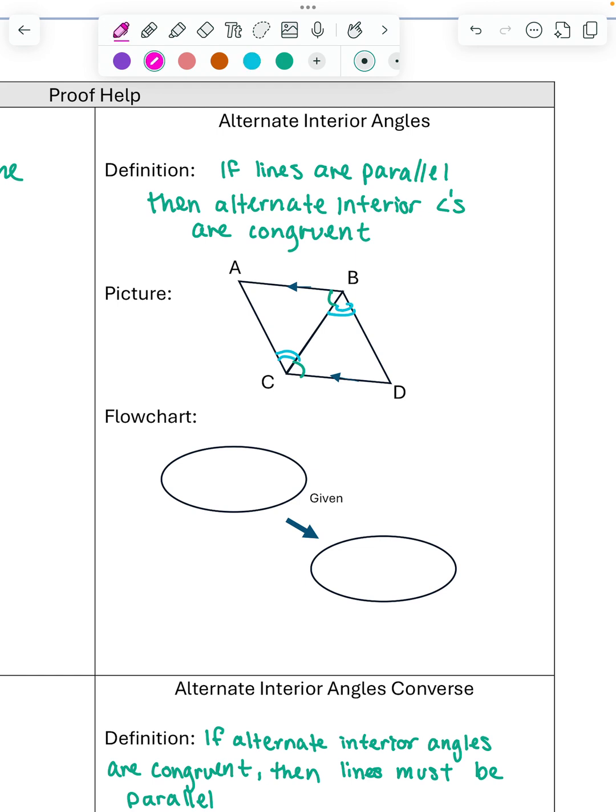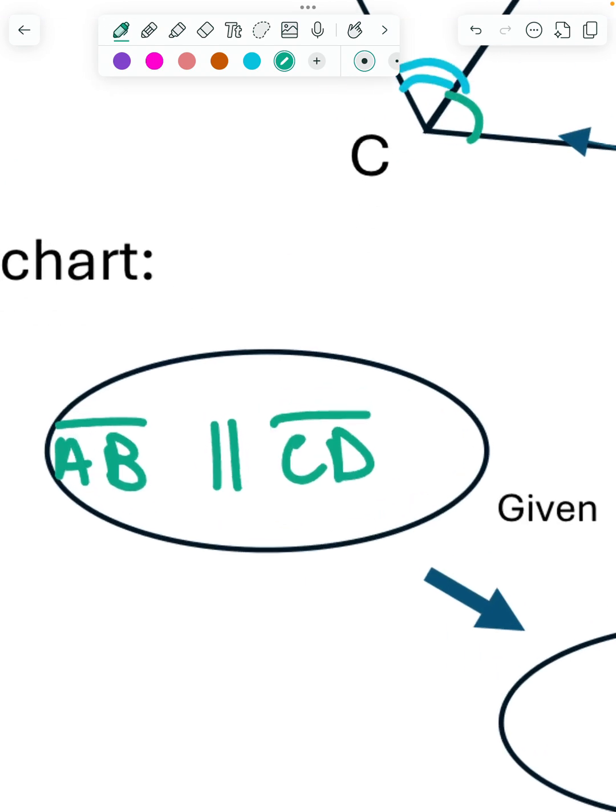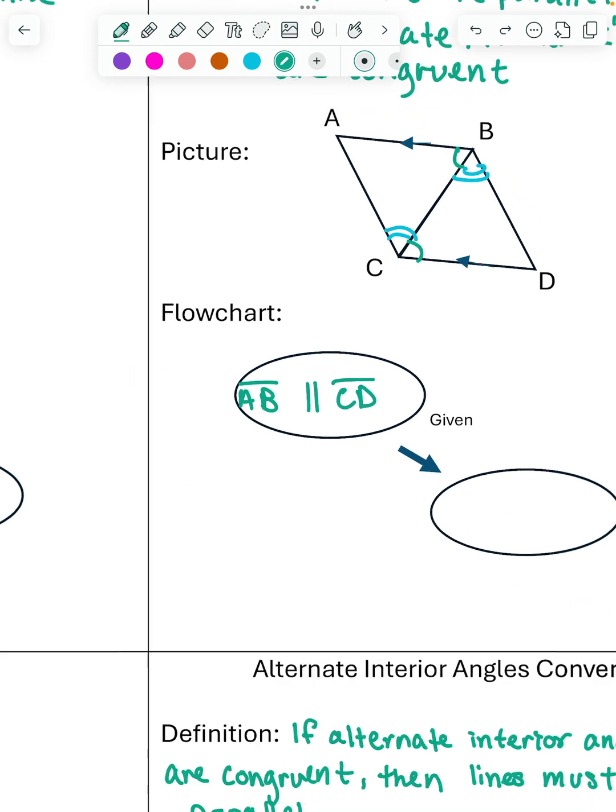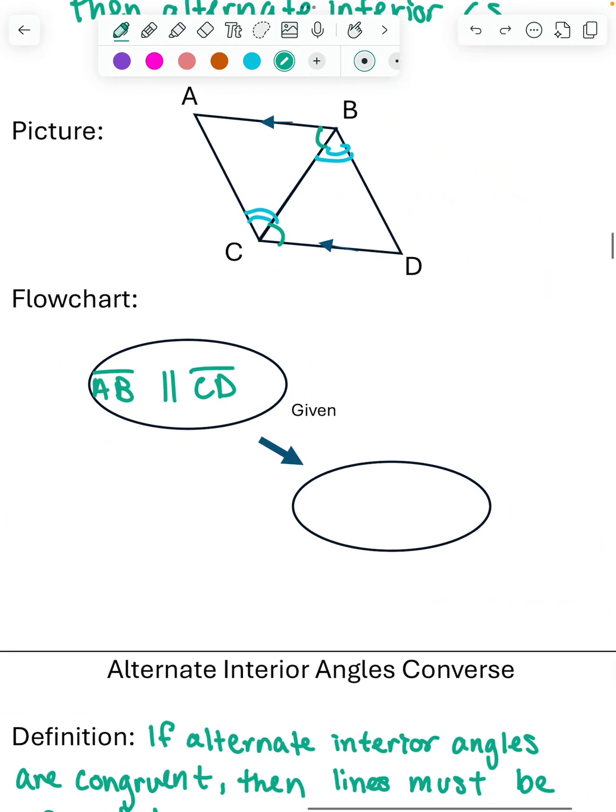So if we were given that side AB is parallel to side CD, again, those 2 lines mean parallel, then that means that, for instance, angle ABC is congruent to angle DCB.